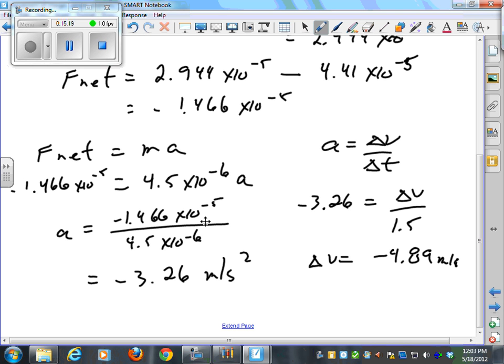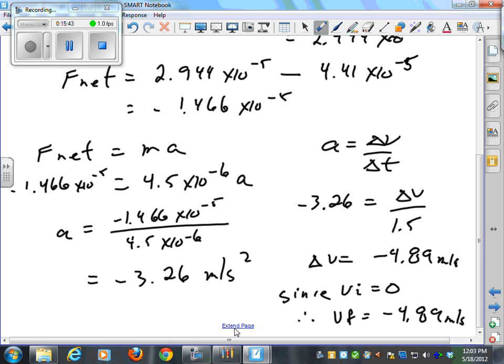Because I started from rest, since the initial velocity is 0, therefore my final velocity is also minus 4.89.